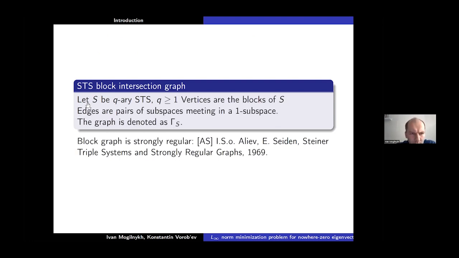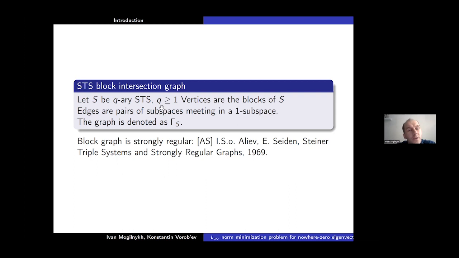If we consider a Steiner triple system S, we can construct the block intersection graph, which is denoted by Gamma(S), with vertices that are the blocks of S, and edges are pairs of blocks meeting in a one-dimensional subspace.